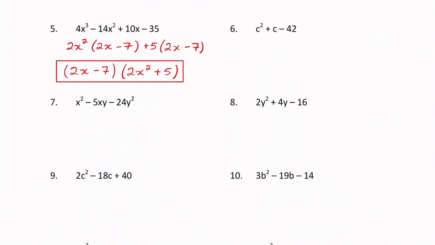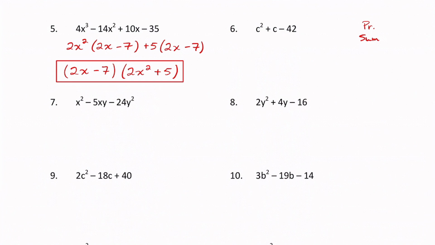Now looking at this next one, I can see it only has 1, 2, 3 terms. So again, always check to see if there's something you can pull out from all 3 terms. In this case we can't. But when we have 3 terms, the method we're going to use is called the product sum method. So we're going to have to use the product and the sum. The word product means multiply, the word sum means add.